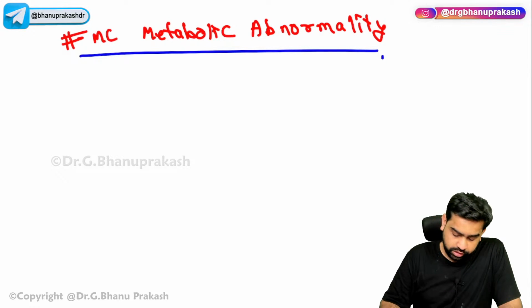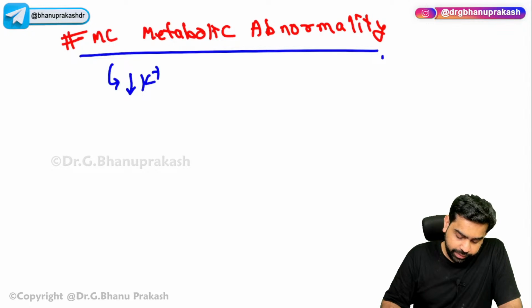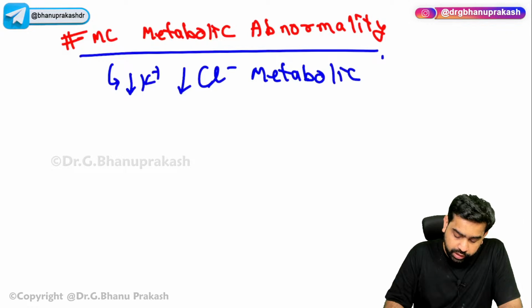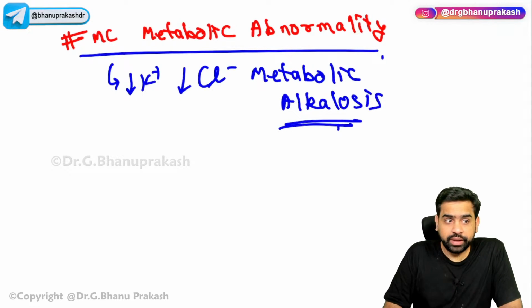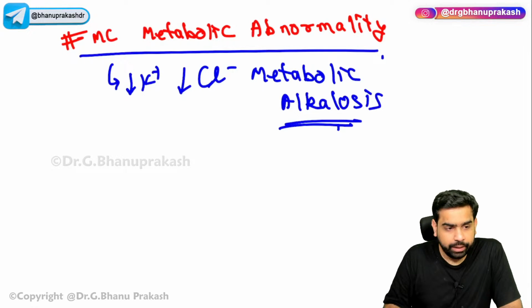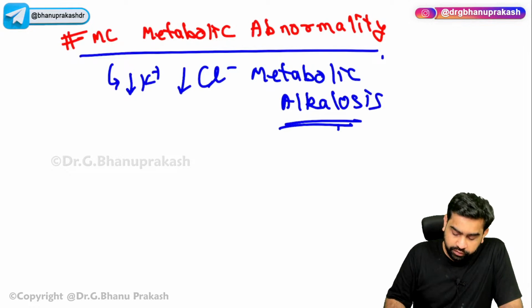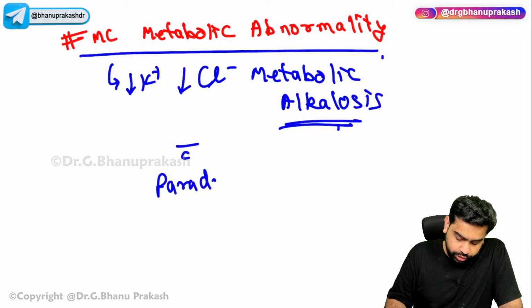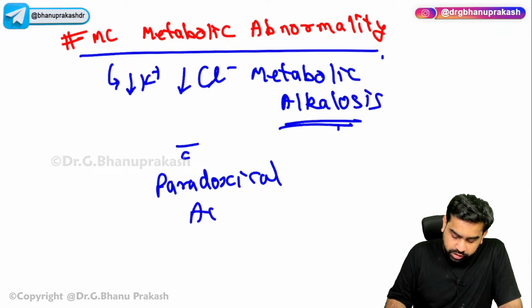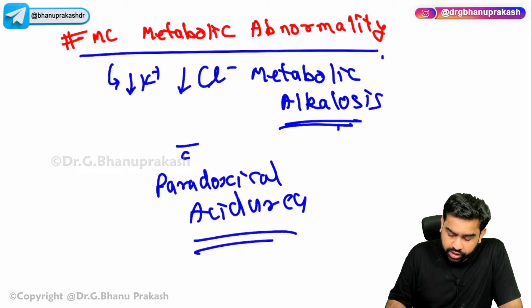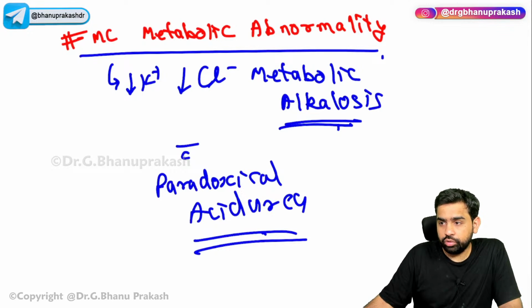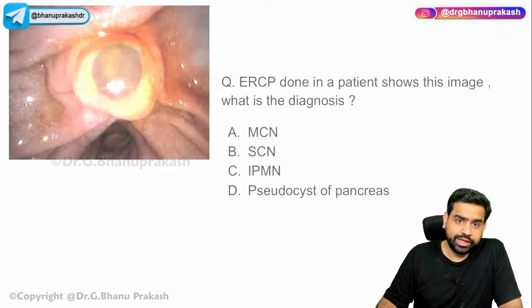Yes, hypokalemic, hypochloremic metabolic alkalosis with paradoxical aciduria. I hope you are able to understand this point. This is the most common metabolic abnormality which you basically get in these particular patients.